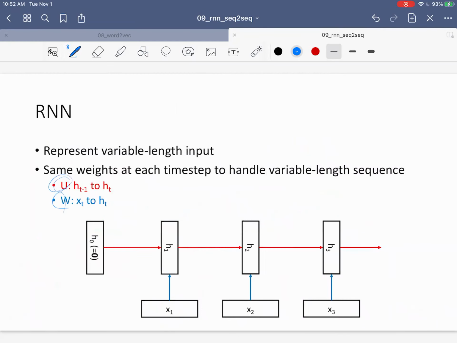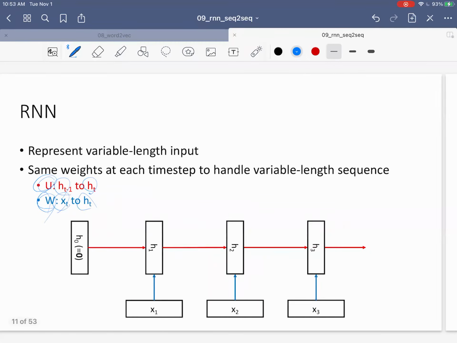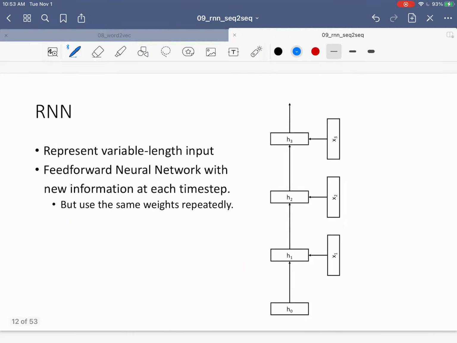So U is for transforming your previous memory into the current memory, and W is responsible for transforming your XT, your current input, to the current hidden memory, current hidden layer. So that's it. And I think we're kind of forgetting about the bias here. So if you think about how similar it is to the feed-forward neural network, you can just simply rotate it.